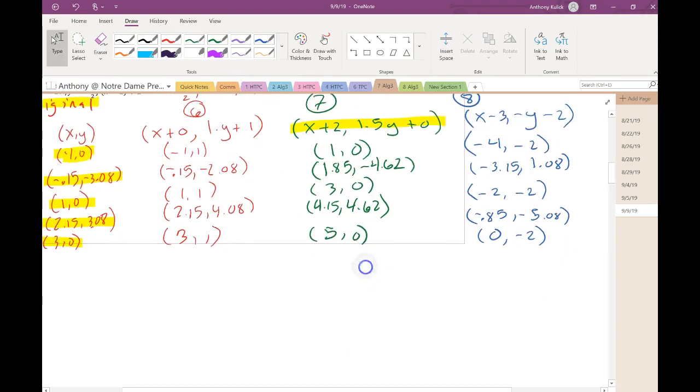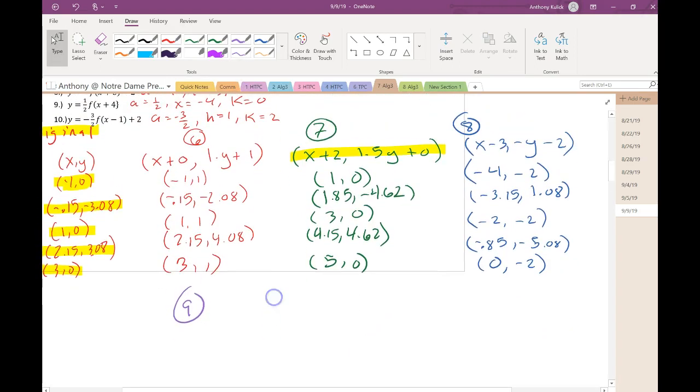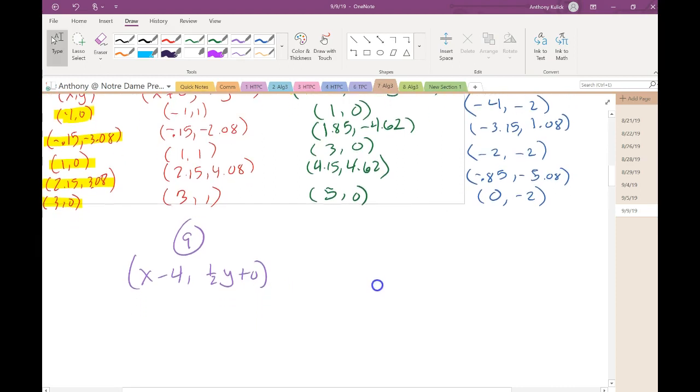Here, so for 9, we have x minus 4, and then 1/2 y plus 0. Okay.